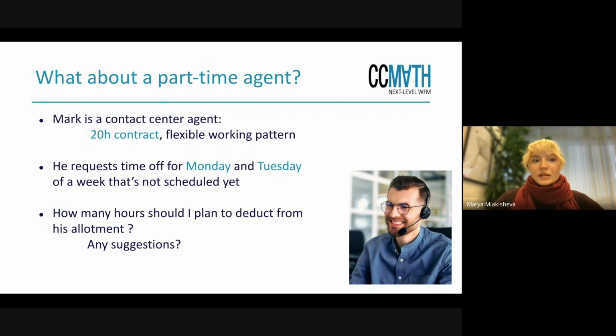So we want to check his allotment quickly and see if we can approve his request. And in this case, maybe this is quite far, and we are not going to be necessarily opening our schedule and planning the days when he is not planning to work. But thank you for your suggestions. I also see here 8 hours.